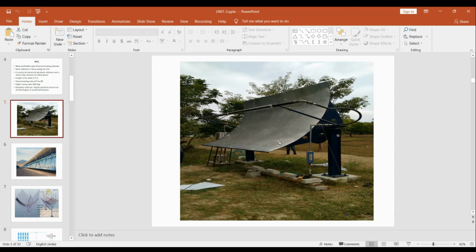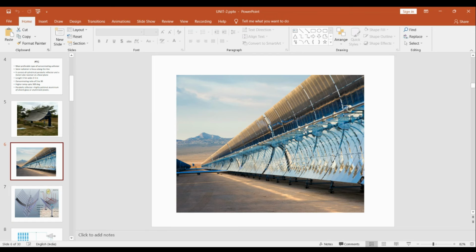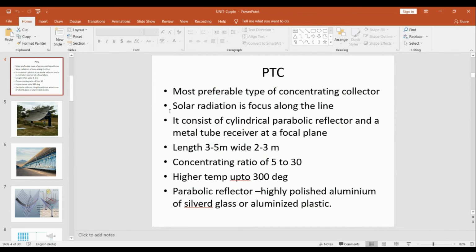So this is an aluminum silverized glass. When you see it in nature, it will look like a mirror, right? It looks like a mirror, nothing but like this. Okay, right. So these are the specifications of the basic parabolic trough collector.